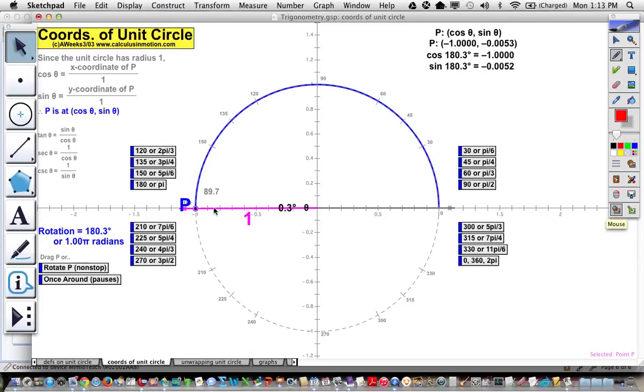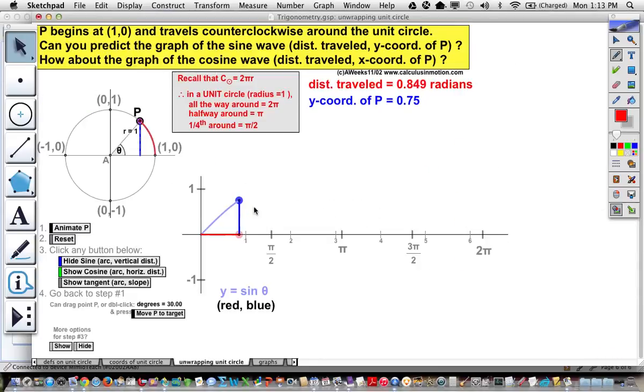That's how those two are equal. Matter of fact, you had a formula last year, s equals r theta. The arc length is equal to radius times theta. Since the radius is 1 in the unit circle, the arc length is the angle. The arc length is the radian. That's a little thing that we sometimes forget about what radians even are.